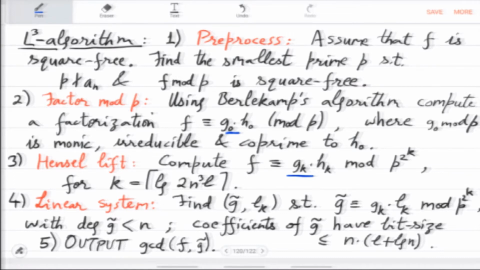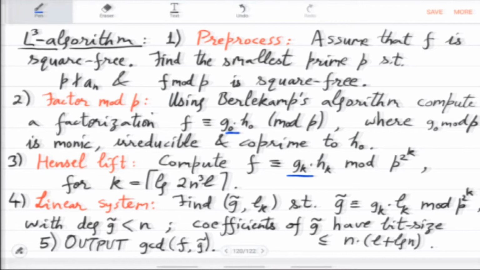So this is reminiscent of what we did in multivariate factorization before, right. When we reduced bivariate factorization to univariate factorization, we did a similar linear system step. So here we want to find G tilde and Lk such that G tilde is a multiple of Gk by Lk.